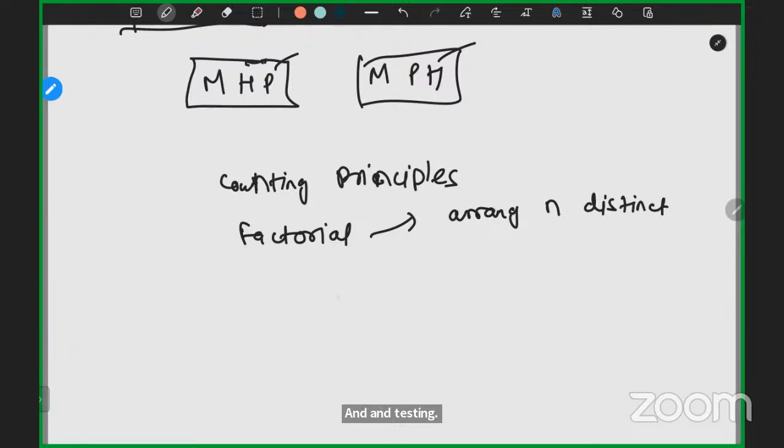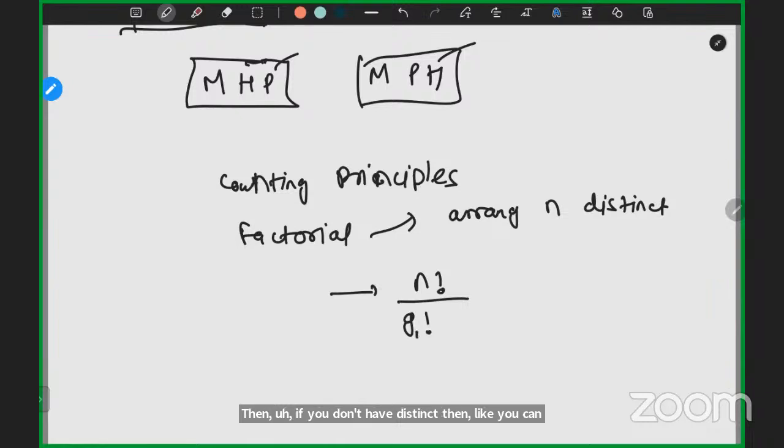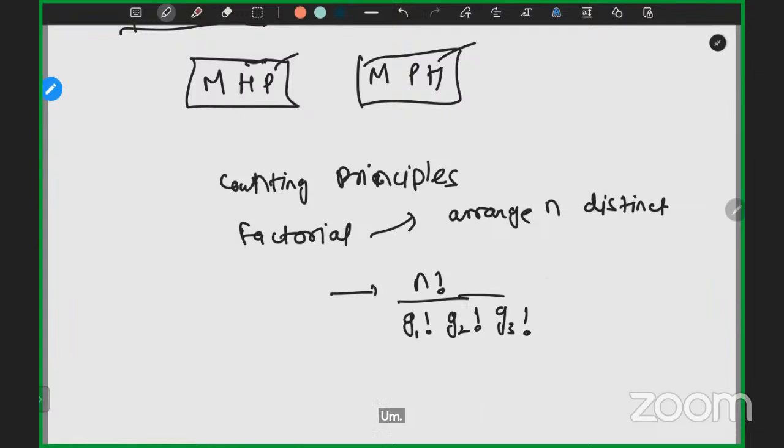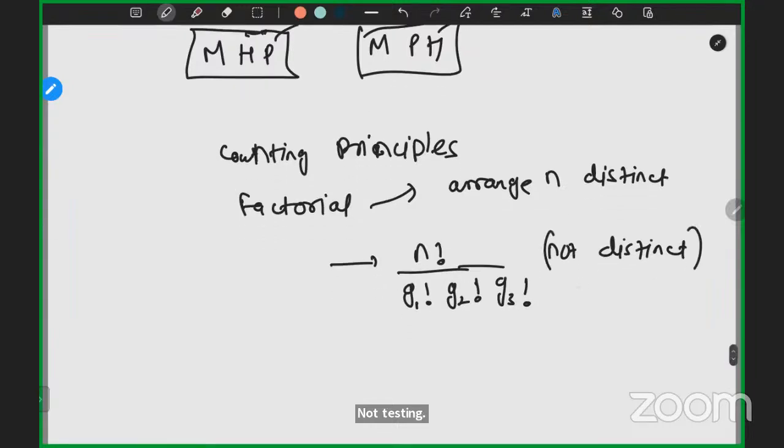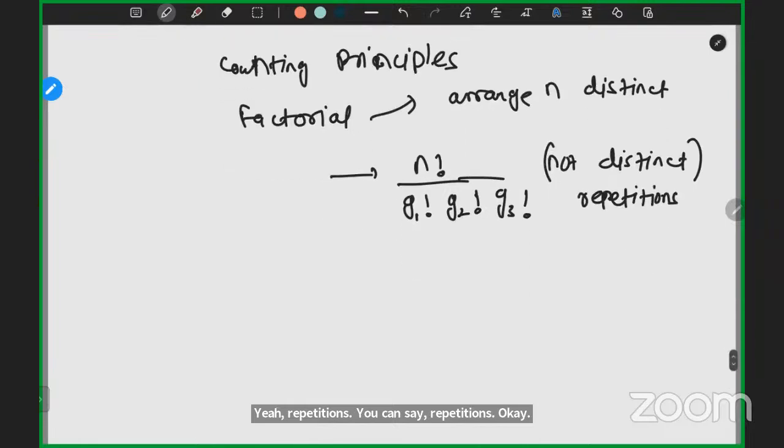Then if you don't have distinct objects, you can say n factorial divided by group 1 factorial, group 2 factorial, and group 3 factorial. So this is when you don't have distinct objects, you have repetitions.